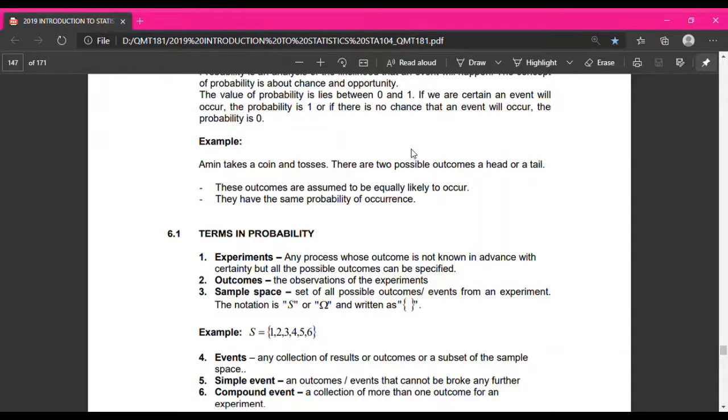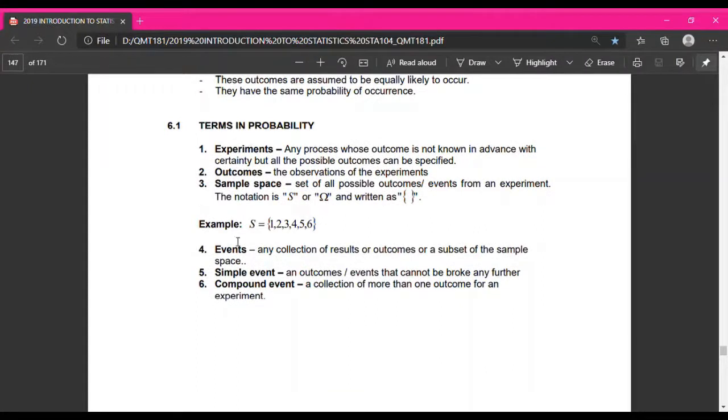So, kita boleh katakan the probability to get the head is 50% and to get tail will be 50%. Sebab kita ada dua. It's like equally likely to occur. So 0.5 and 0.5 have the same chances to occur. So it have the same probability.